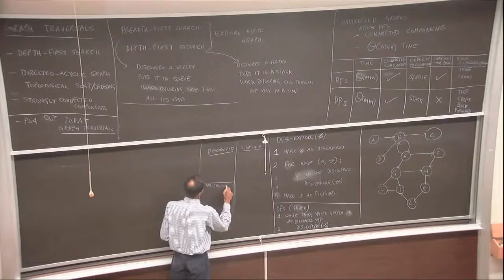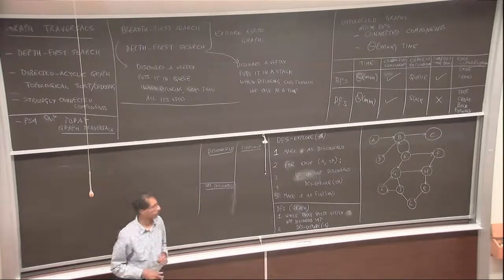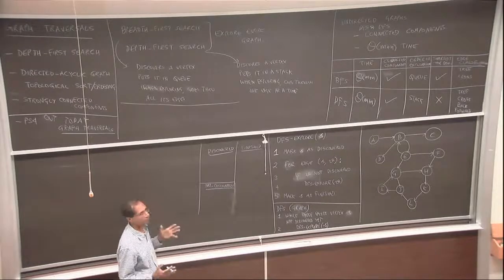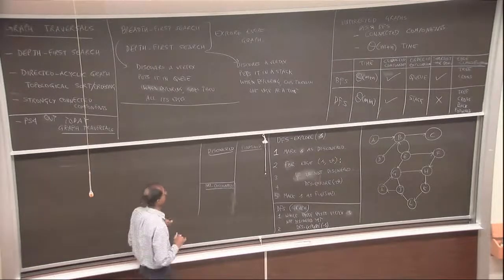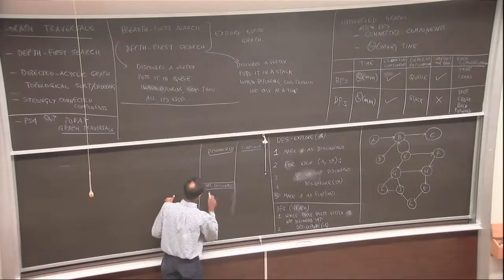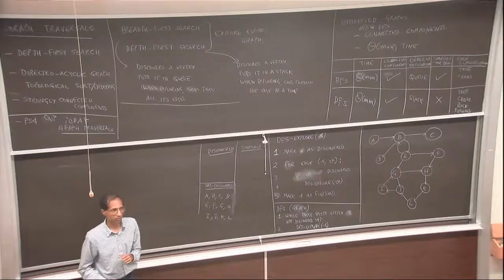This keeps track of all the vertices that have not yet been discovered. Think of it as a linked list or an array, it doesn't matter. A linked list will be simple enough to keep with pointers if needed. I'm not going to go into the nitty-gritty details of the data structures, but initially all the vertices are sitting here in the not discovered set.